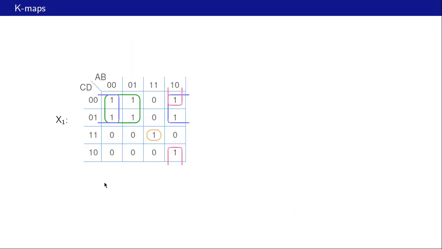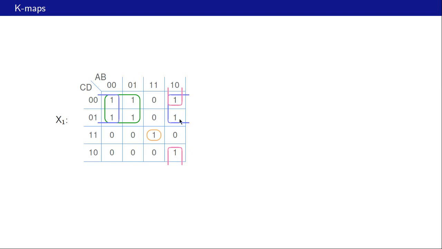One more example. These 4 ones here can be clubbed into a single term. These 2 ones can be combined with these 2 ones here, because this column and this column are logically adjacent. What will happen if we combine only these 2 and not these 4?